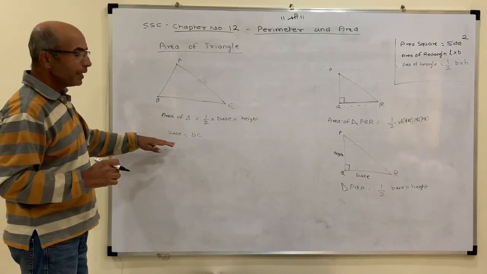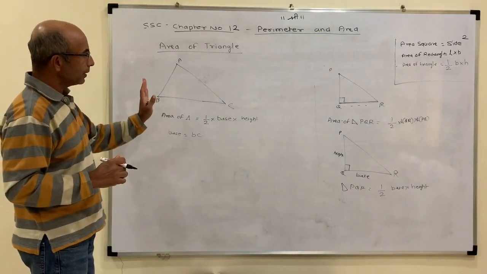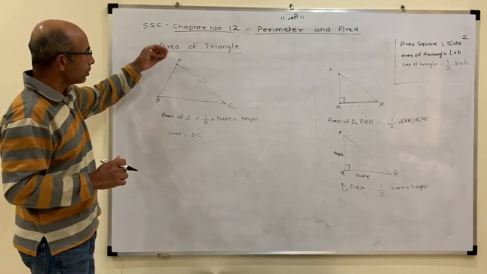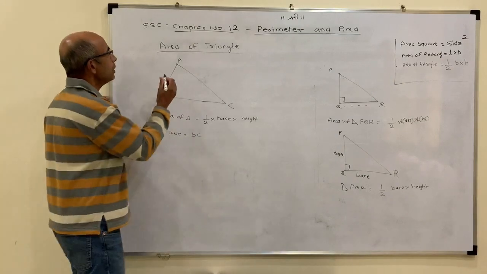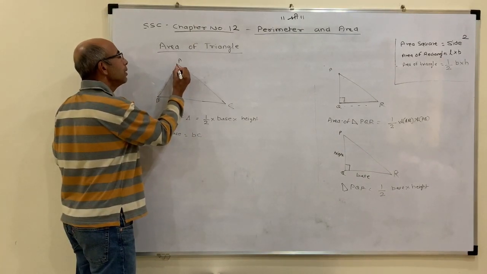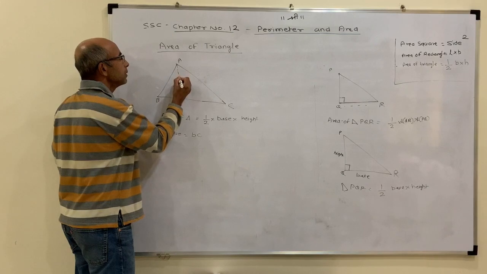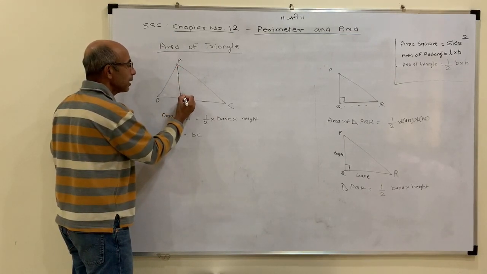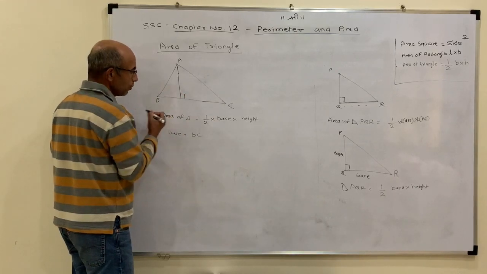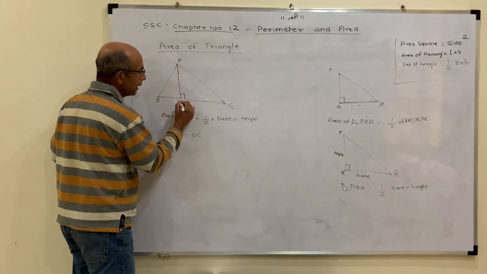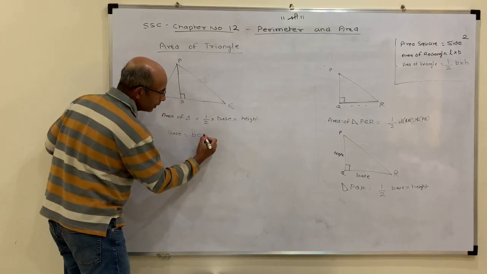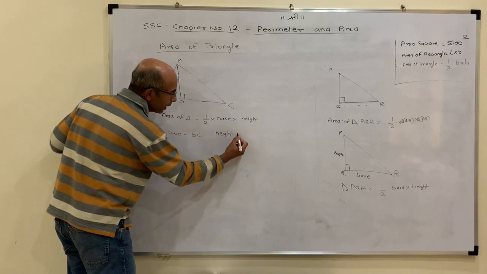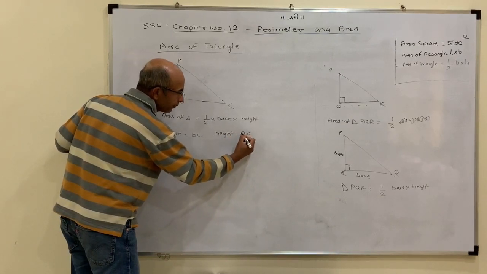So I need a right angle triangle from a perpendicular dropped from the top onto the base. So now I put a drop from here onto the base. This is a right angle again. So my height will be AD.